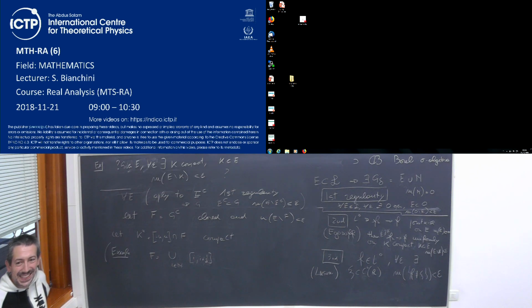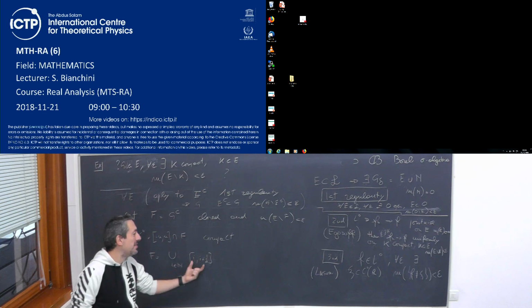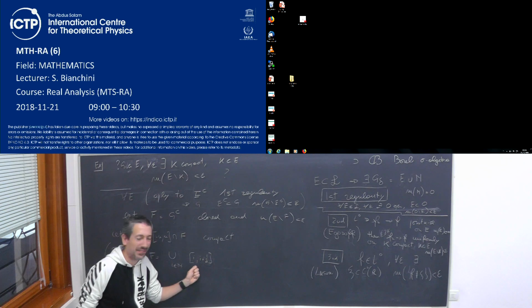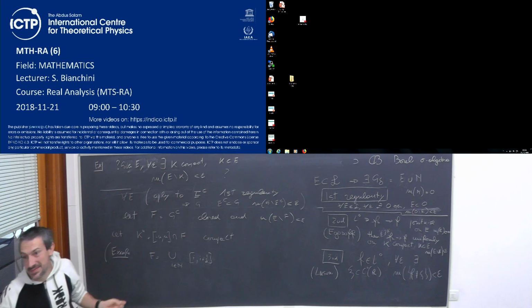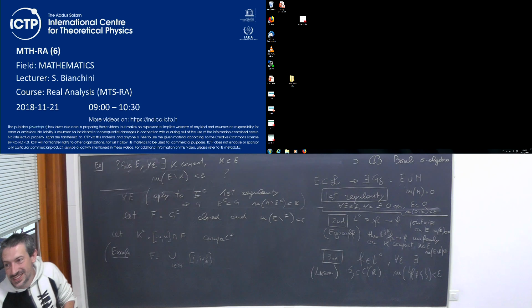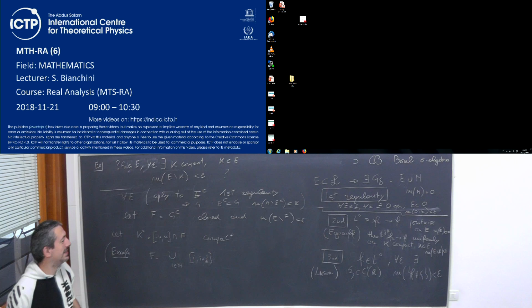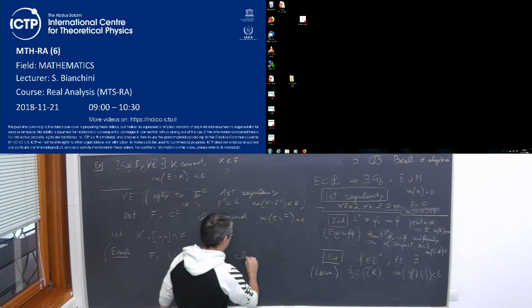Are you convinced? The complement is the union of the open intervals (i plus 1 half, i plus 1). So that is open, and F is closed. Any doubt here? Okay. So this is closed.